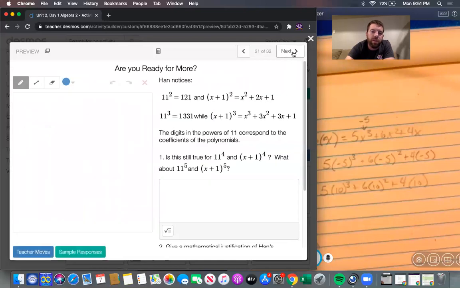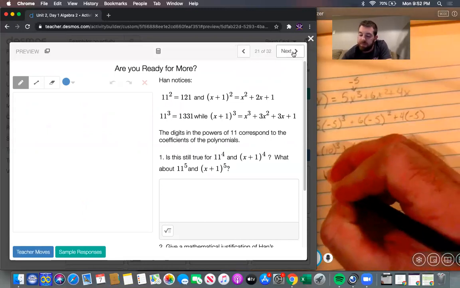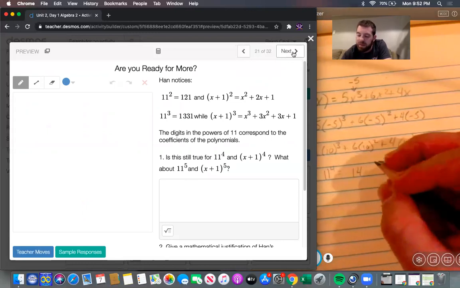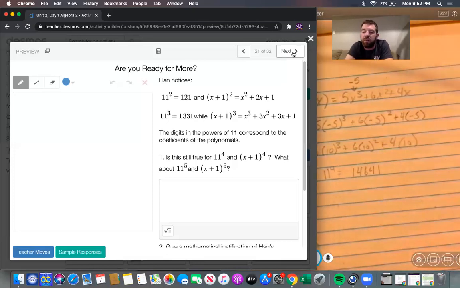All right, and so then we notice here that Han notices that 11 squared is 121, and x plus 1 squared is x squared plus 2x plus 1. Does this hold true for 11 to the 4th and x plus 1 to the 4th? With those, it actually does. 11 to the 4th is 14,641.